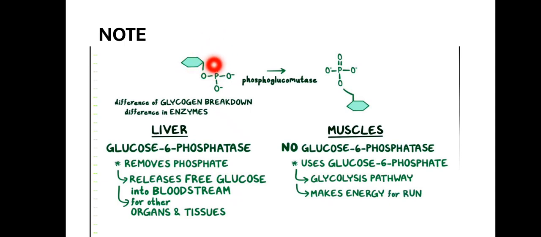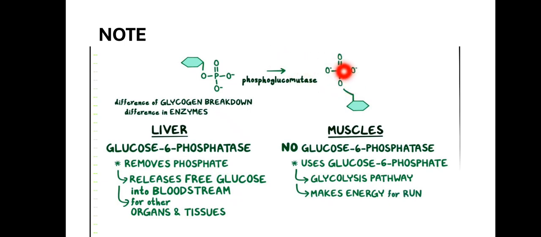It's at carbon atom number 1 here, and then you've got your phosphoglucomutase. This step is just trying to remind you that this is present in both, because both muscles and the liver can convert glucose 1-phosphate to glucose 6-phosphate. You can see that the phosphate group is at carbon atom number 1 here, but this phosphate group is at C6, carbon atom number 6.